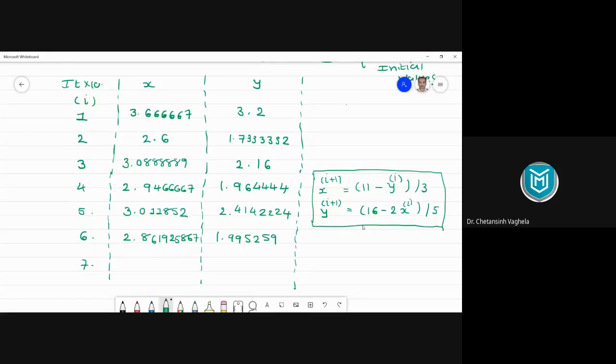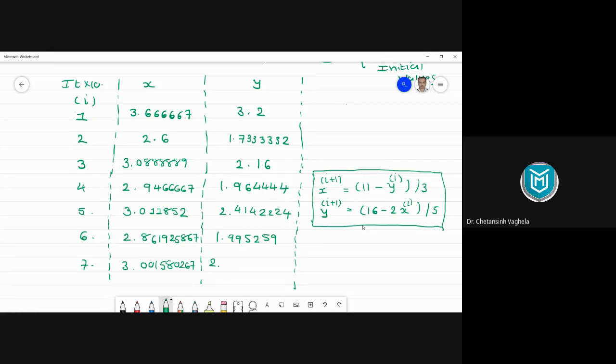Okay, Nidhi got the value here, 3.001580267. And also tell me what is the value of y in seventh iteration. Okay, Raj got that value.